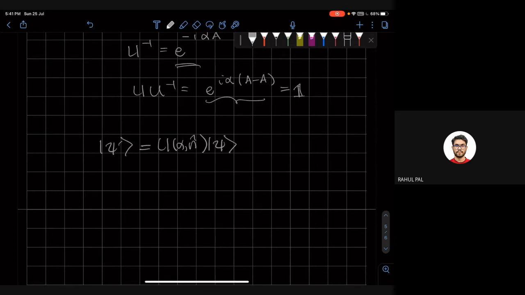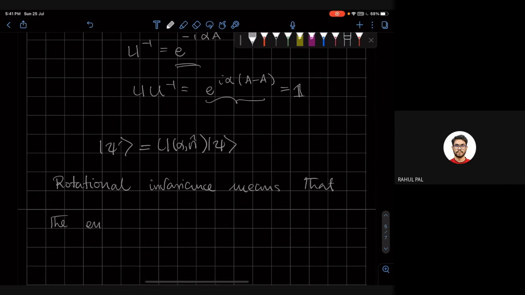But rotational invariance means that the energy remains unchanged.